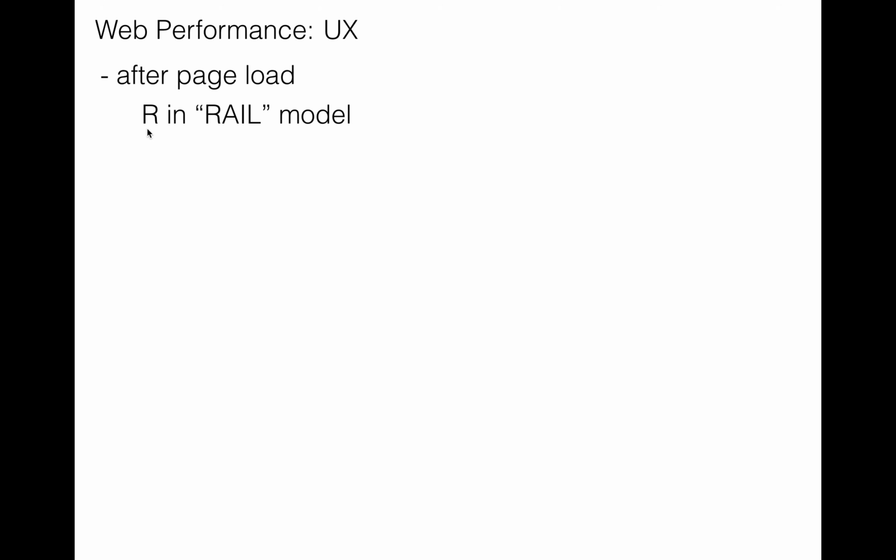And as we have already discussed in the previous section, a typical performance goal that would be set for R is 100 milliseconds. If you don't get an instant visual feedback within 100 milliseconds, users typically feel that the website is not performing well, or is a little bit slow.